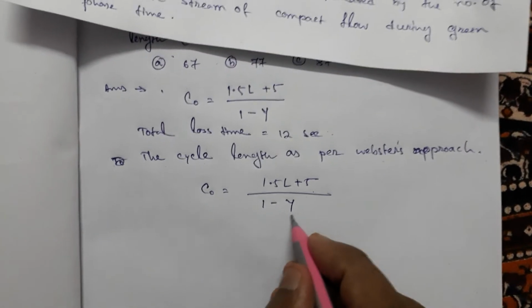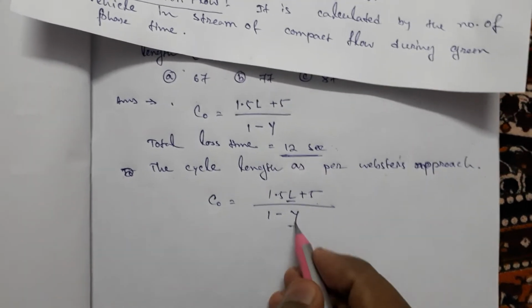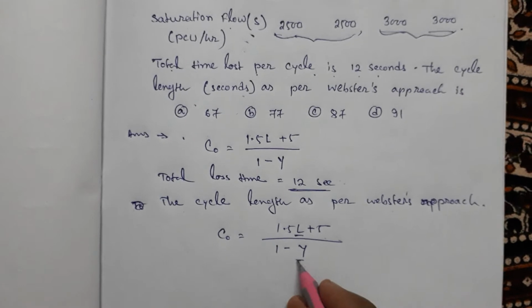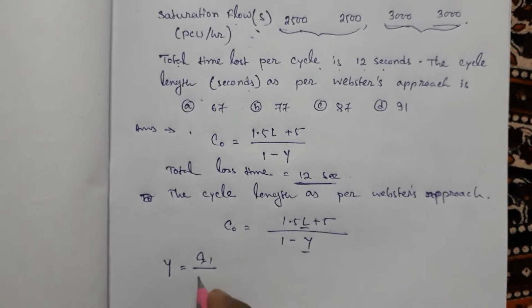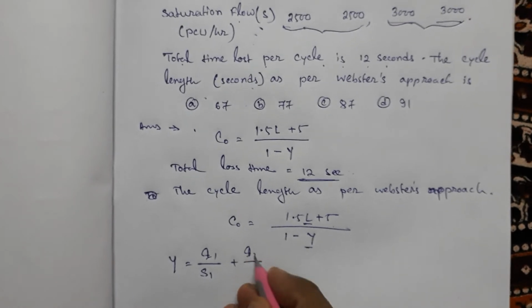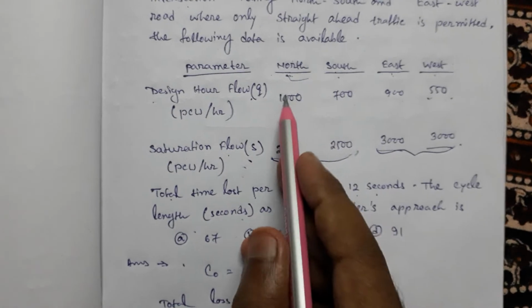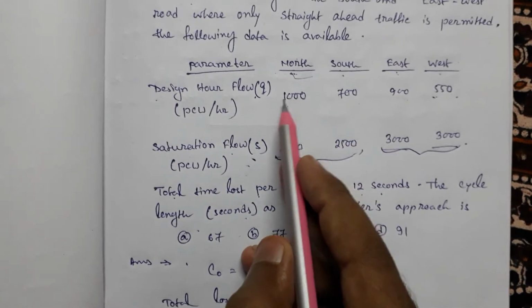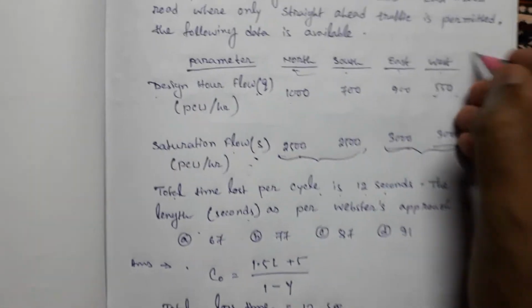Now what is the value of y? L is given here as 12 seconds. To determine y, we know that y equals q1 by s1 plus q2 by s2, because there are two values, the north-south direction and the east-west direction, both on the same line.